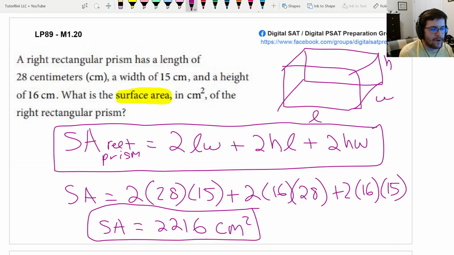Again, for rectangular prism and cube especially, you really don't need to memorize the formula. You can figure it out by going, oh, 2 of those guys, and then 2 of those guys, and then 2 of those guys. But, you know, the Digital SAT is a timed test, so you might be better off just knowing some of these equations by heart. Up to you, but you don't need to memorize it.